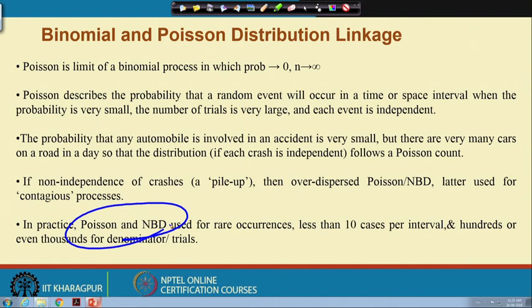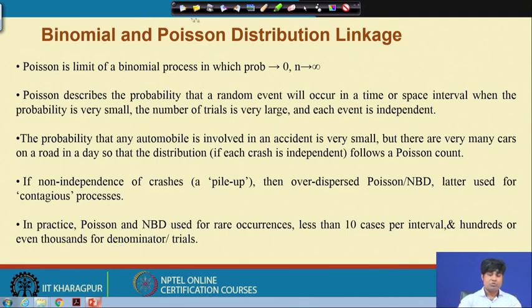But what is happening in practice is that both the Poisson distribution and the negative binomial distribution are a kind of rare occurrence, with less than 10% of instances per interval, or among hundreds or thousands of trial cases, you will find such a situation. That's why these models, and count data models in particular, are a very exceptional situation where we have to apply them subject to the chances and the occurrence.